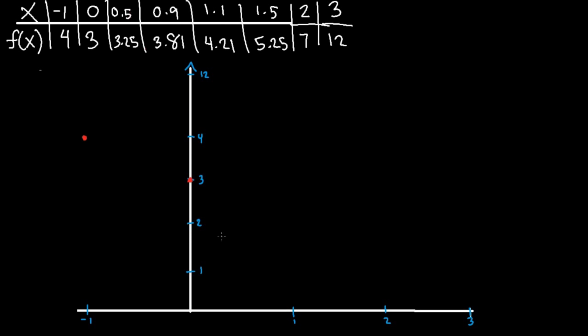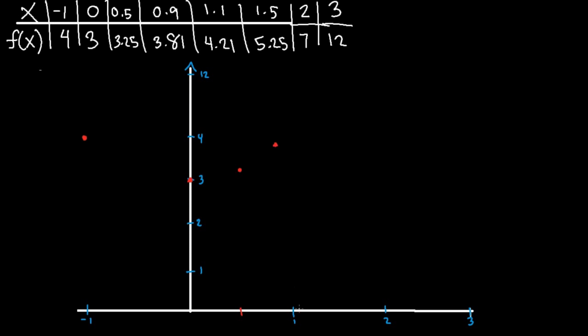So sa 0.5, that's 3.25. So diri. Tapos sa 0.9, that's 3.81. So diri nga part nga portion.